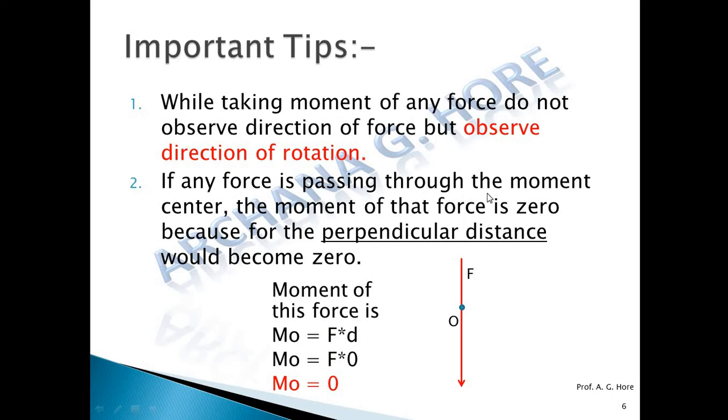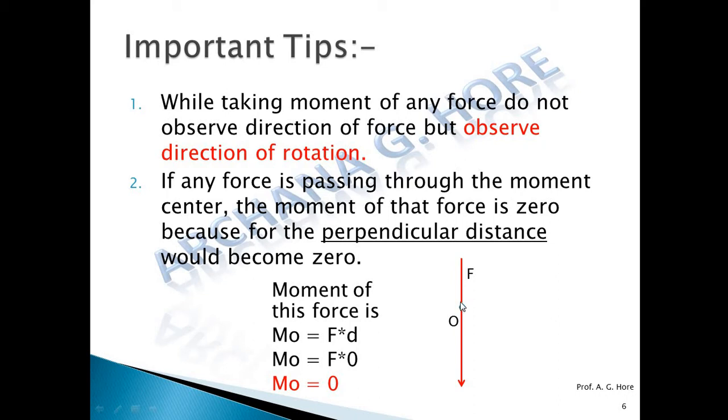Now, an important point to be noted is that while taking the moment of any force, do not observe the direction of force. Observe the direction of rotation, meaning clockwise negative, anti-clockwise positive. If any force is passing through the moment center, the moment of that force is 0, because its perpendicular distance becomes 0.